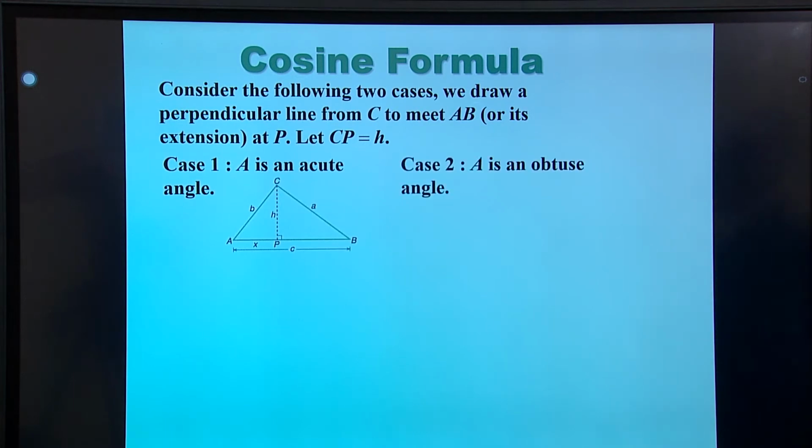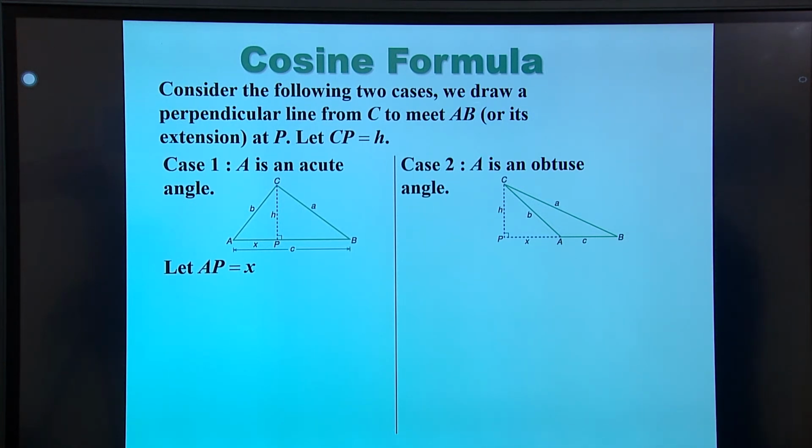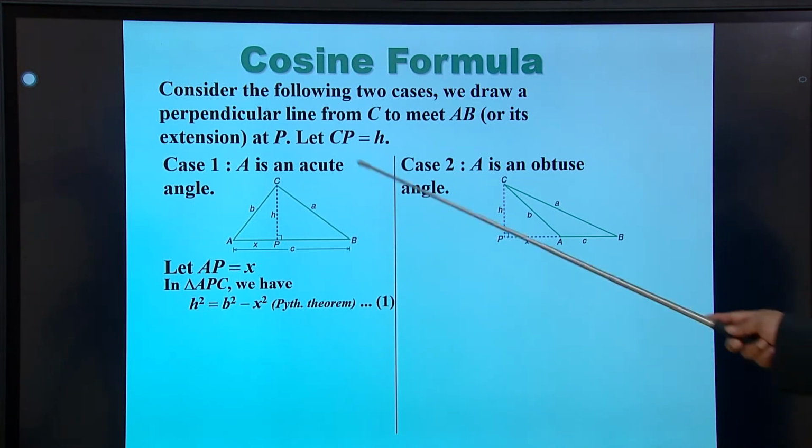Now, this is not required in our testing for exam purposes. But very quickly, there is an example of how we derive the cosine rule. So if I drop an altitude, which means a perpendicular, and I call the one side x, I can then write in terms of Pythagoras h squared.